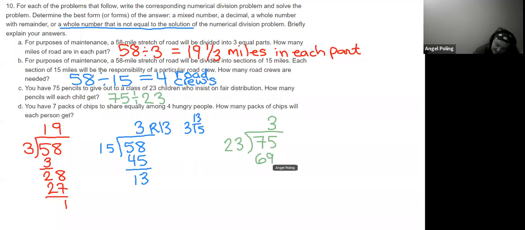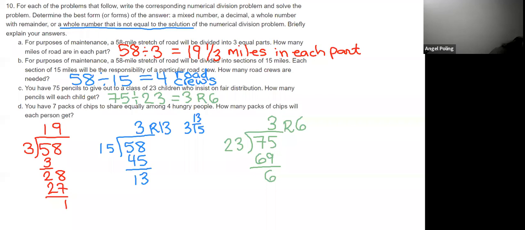That's going to take 69 pencils out of the pile. Then we're going to have 6 pencils left over. So here we are going to use 3 remainder 6 because we're going to give each child 3 pencils and we're going to have 6 pencils left over, right?